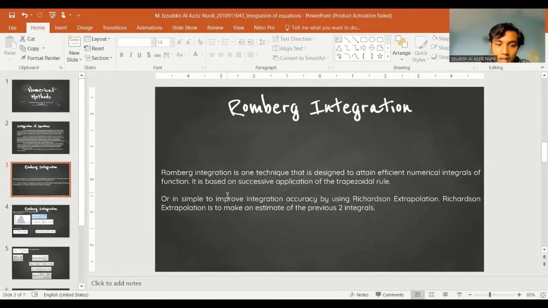In a simple way, it improves integration accuracy by using Richardson extrapolation. Richardson extrapolation makes an estimate from the previous two integrals into one new integral with less error and higher accuracy.